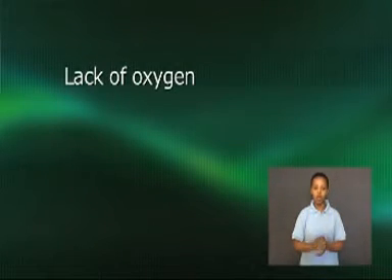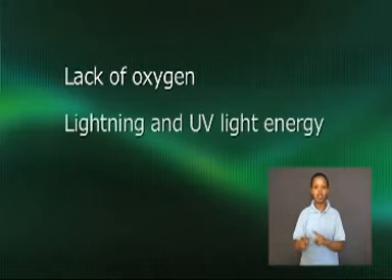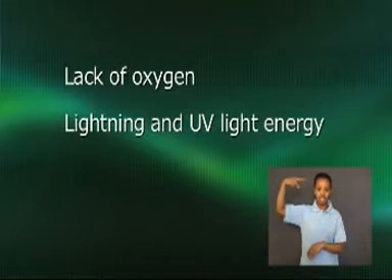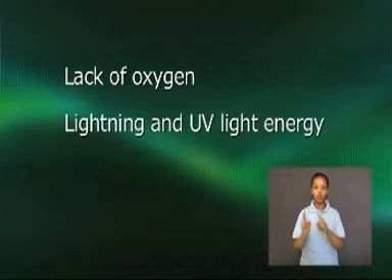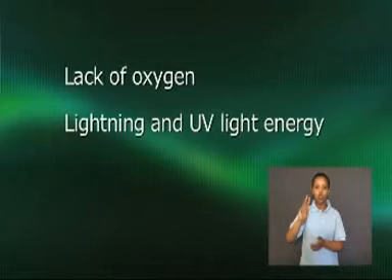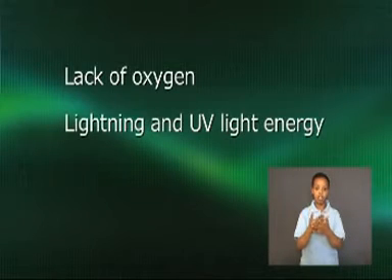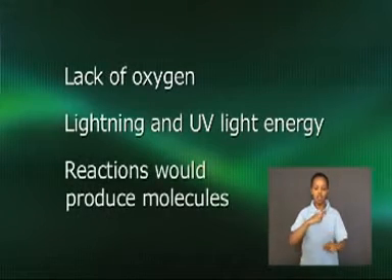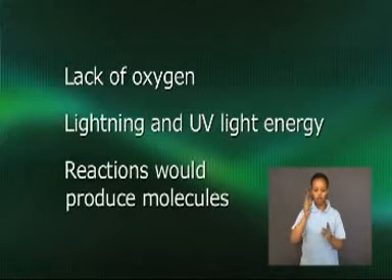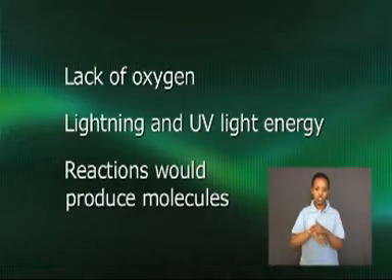The second conclusion is there was a large supply of energy from lightning and UV light. And lastly, the lack of oxygen and supply of energy would provide the energy for reactions that would produce many different molecules, such as amino acids and sugars.